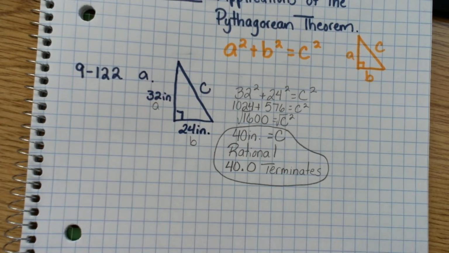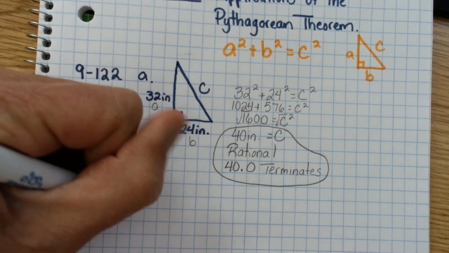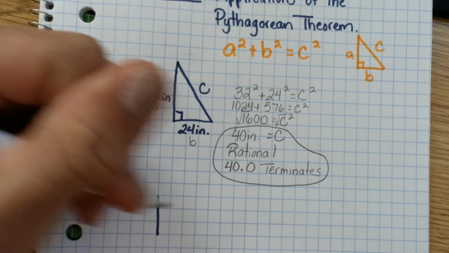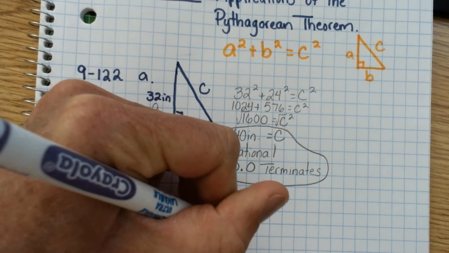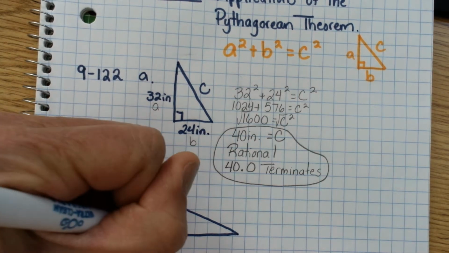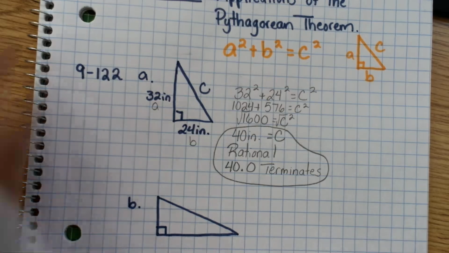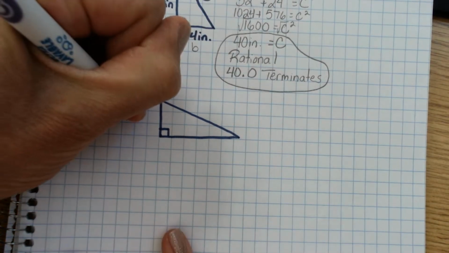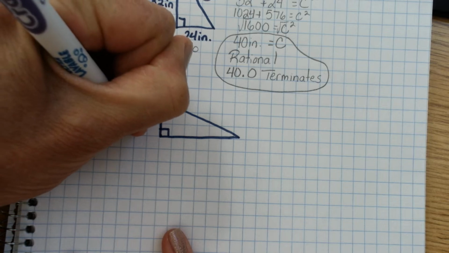Okay, let's move on and do part B also. Same directions. I'm going to sketch the triangle that I had showed you earlier. Looked something like this. It is a right triangle, and this time they told us that the height is 10 meters.